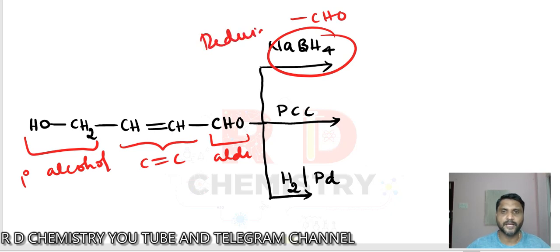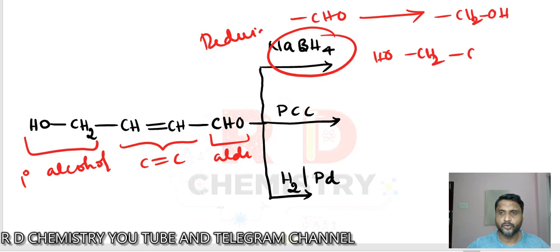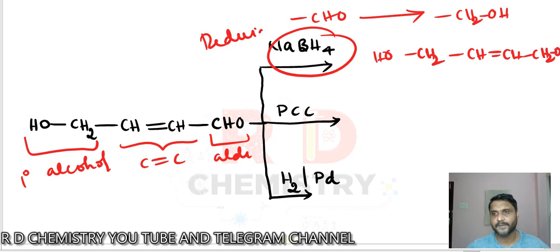It converts aldehyde into primary alcohol. So the OH stays as such, CH2, no change in the double bond, CH double bond CH, then the CHO becomes CH2OH.